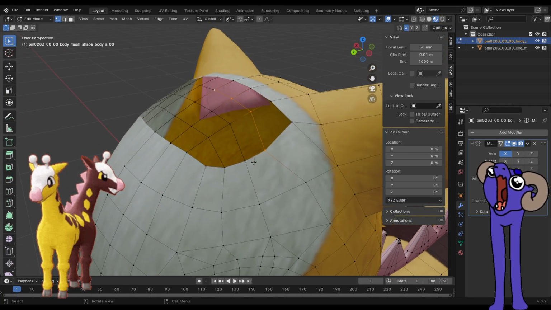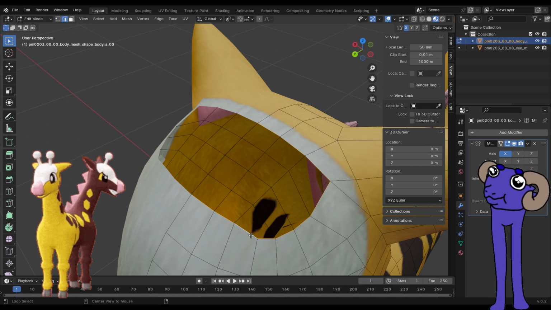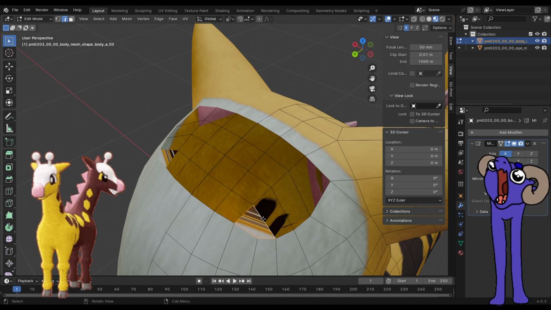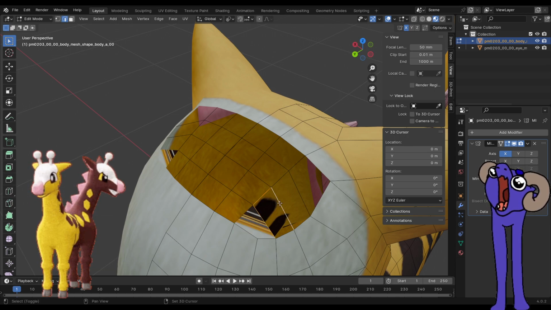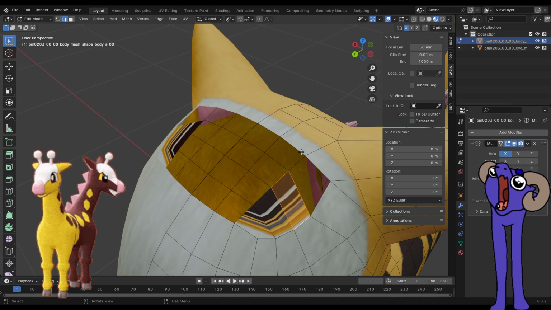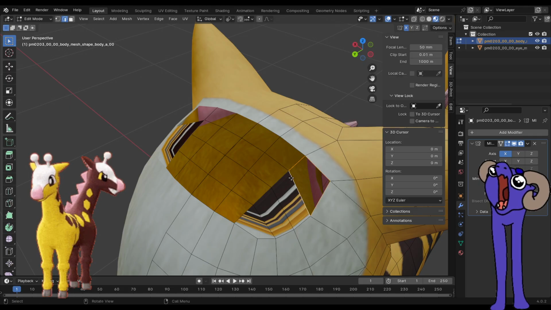I think that's going to be a little bit janky at first, but I should be able to just start filling in these holes with new polygons. And of course we've got to fix the UVs on this. The back half of the body's going to have a different texture anyway because it needs to be inverted from the main body.